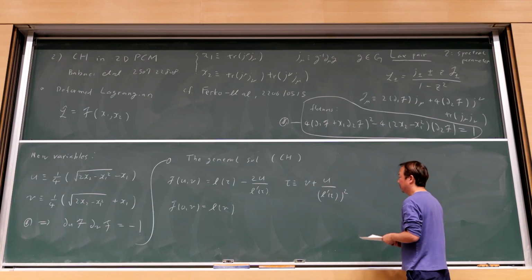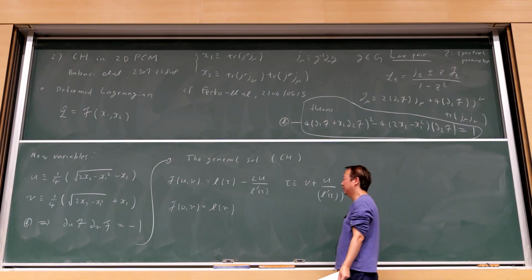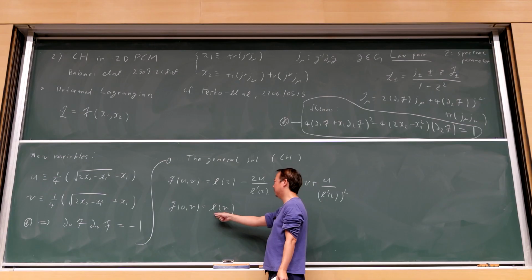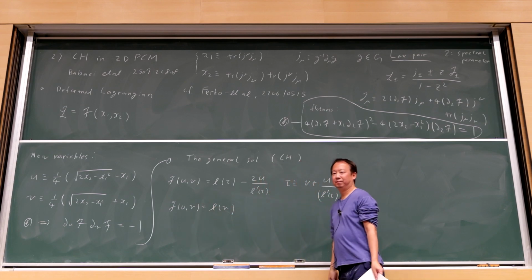So then the scenario is very simplified now. By providing the explicit form of L, we can fix this curly F.